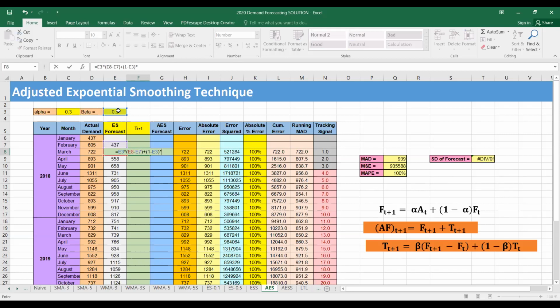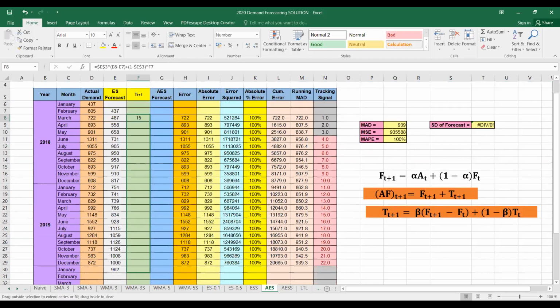We can either assign some arbitrary value for the trend, or we can take it equal to 0. It's up to you whether you take some baseline trend value or start with a 0 value. So we can fix the cell for beta. The trend value for March is 15, plus 15.